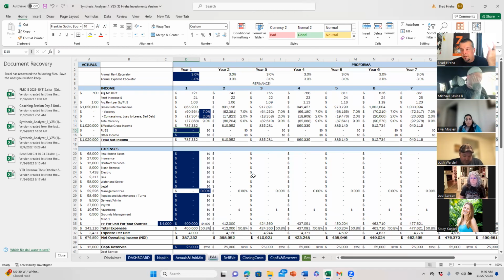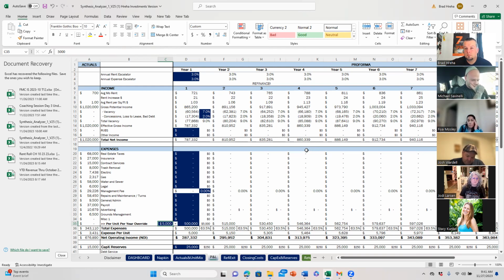What's the average expenses per door in a market? And they say, oh, it's, you know, $5,000. You can come right in here and just throw in $5,000. You don't even need to enter all the stuff in. I like that. So there's some really cool features with this one, which is why I like to use it so much.